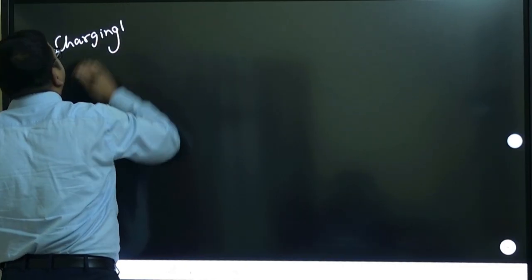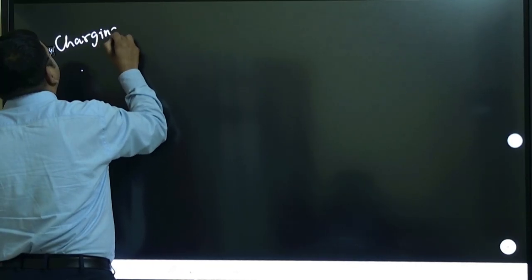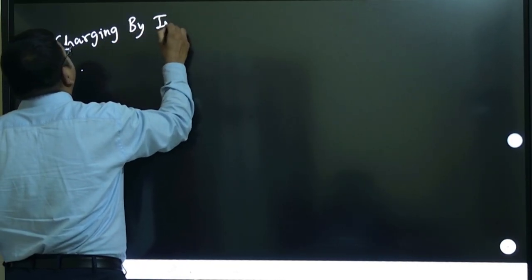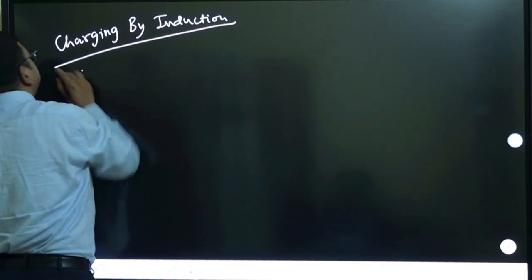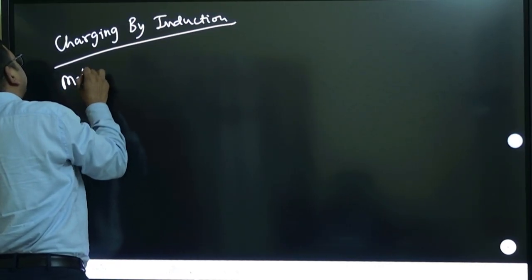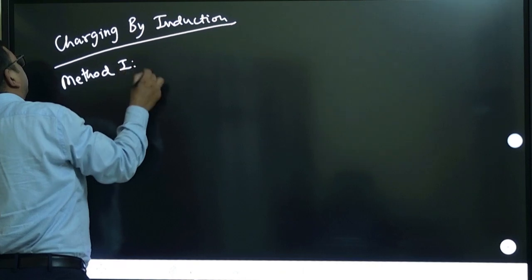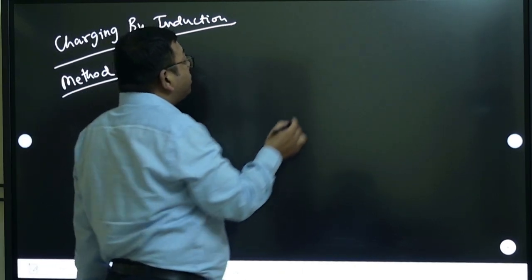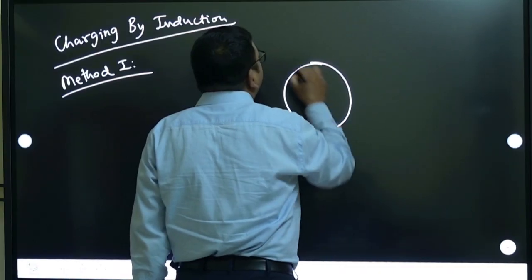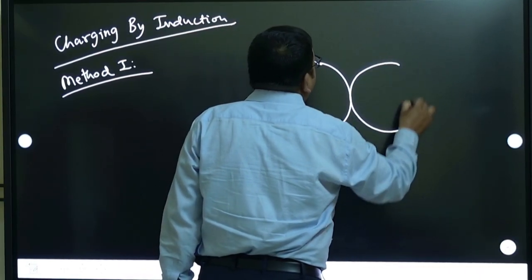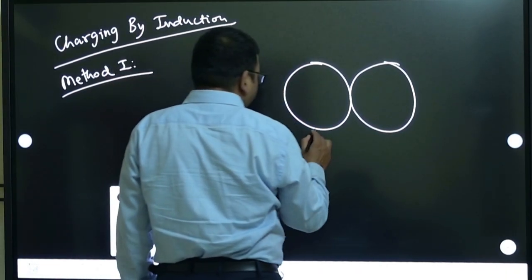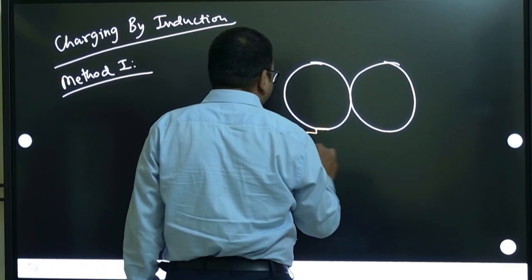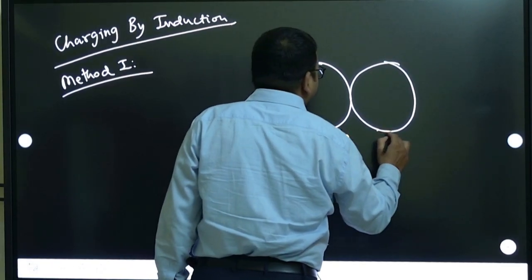So let us take the first method, method 1, which they have explained in the theory. Let us take two pith balls or conductors, same size, everything same, kept on an insulating stand.